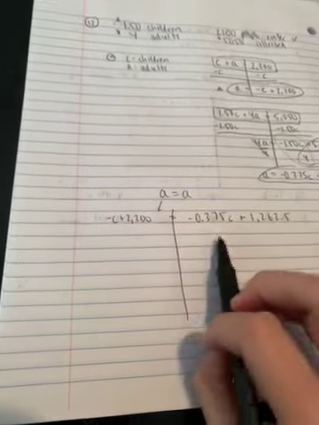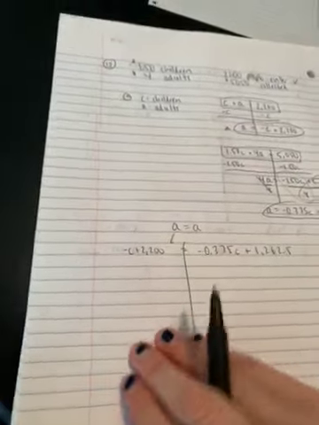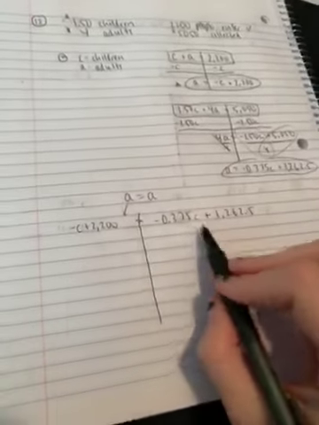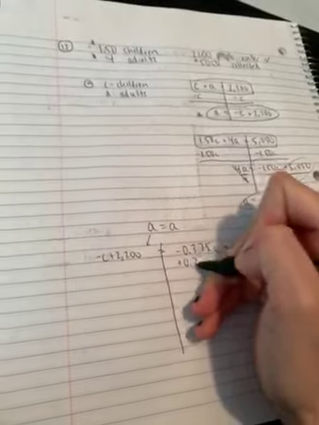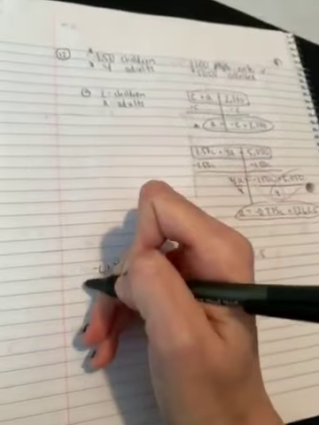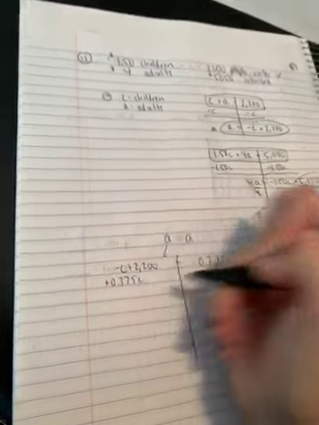All right, so now I have this big long equation that I'm going to solve. Notice what I have left are my c terms. So I'm going to really solve for c in this case. So my equation, I'm going to get my c's together. So I'm going to move this c, and I'm going to add 0.375c on both sides.